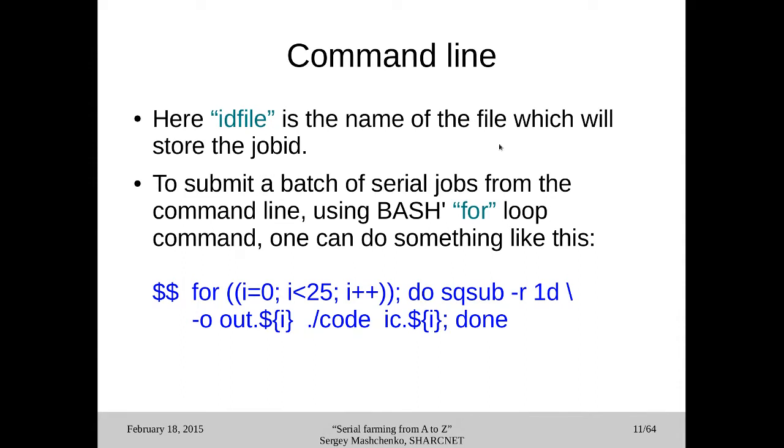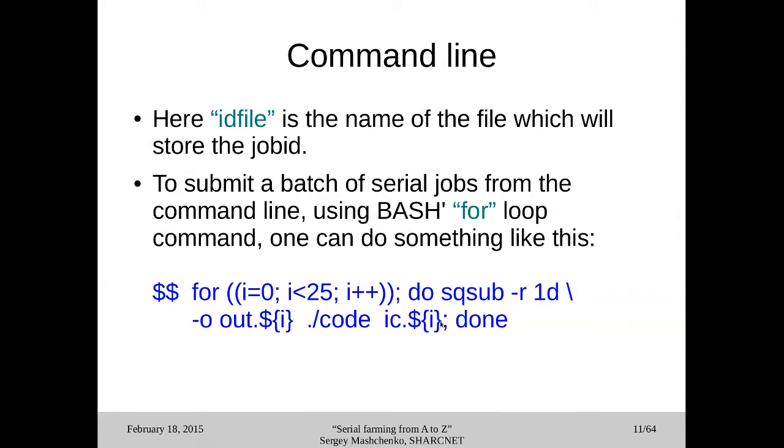Let's see how we can organize your serial farming workflow using some very simple means, namely bash scripting and more specifically bash loops. Let's first consider the case of the for loop. This is convenient in the following situation: you have a code, and you want to run multiple instances of your code with different initial condition files.